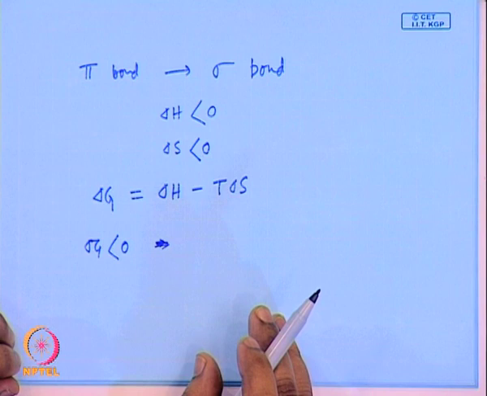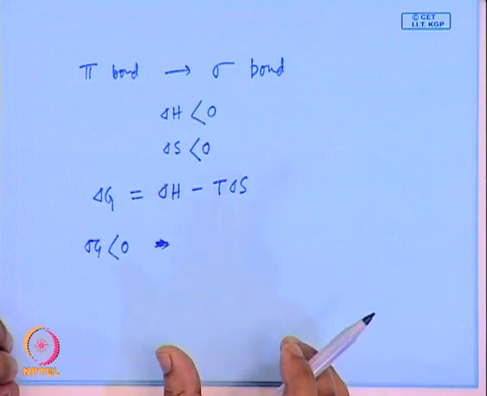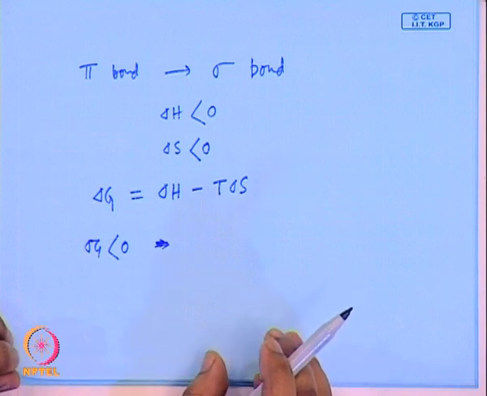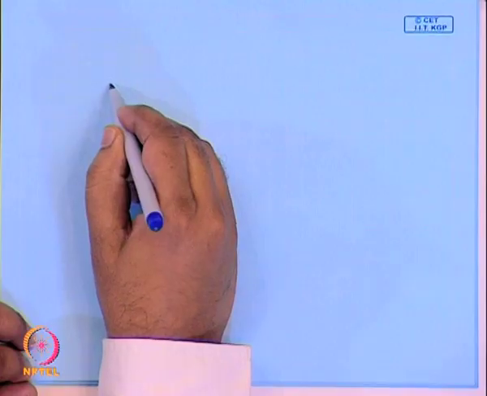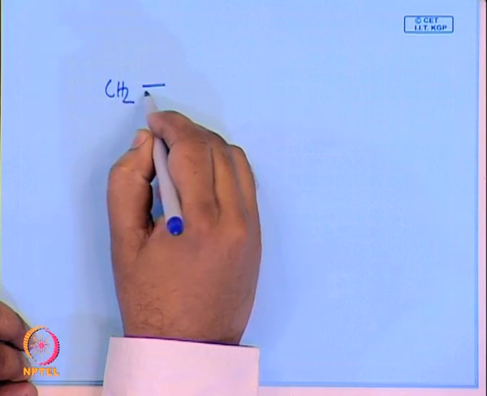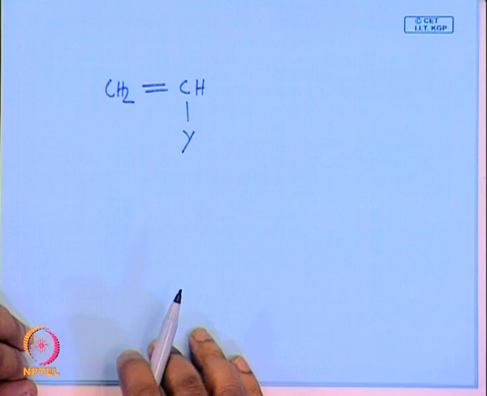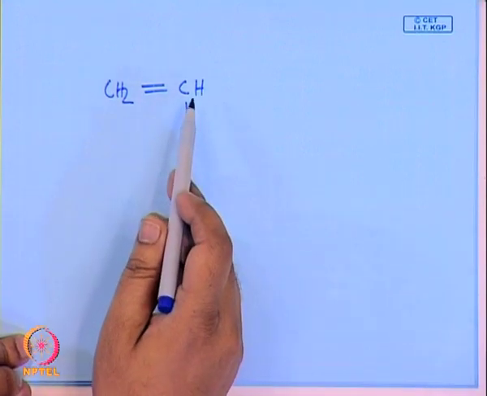The initiator which can polymerize a monomer containing a double bond will depend upon the monomer structure. For example, let us take a very simple monomer like this, where Y is a substituent.